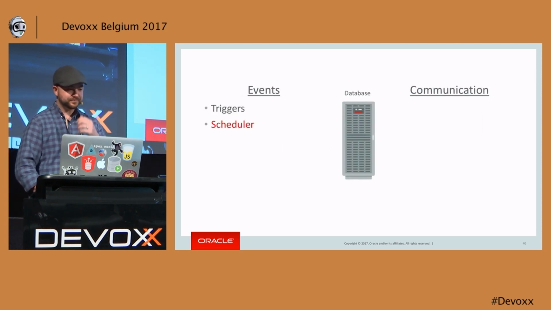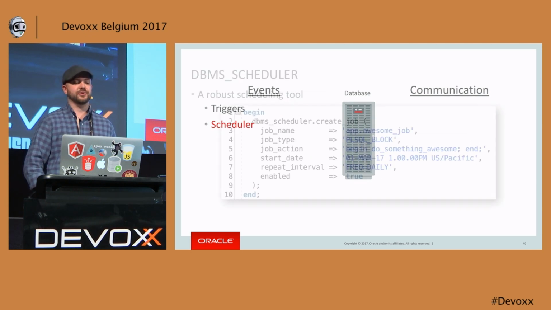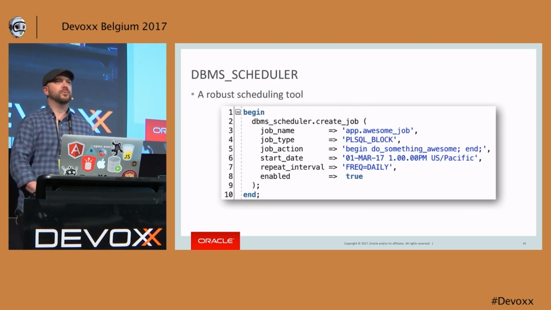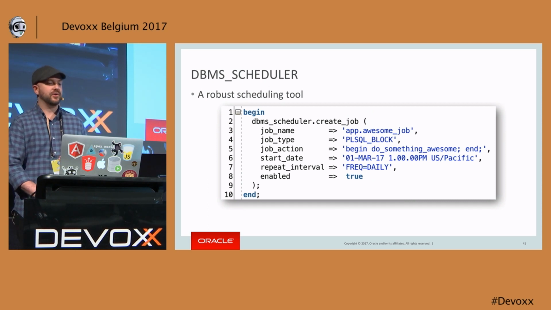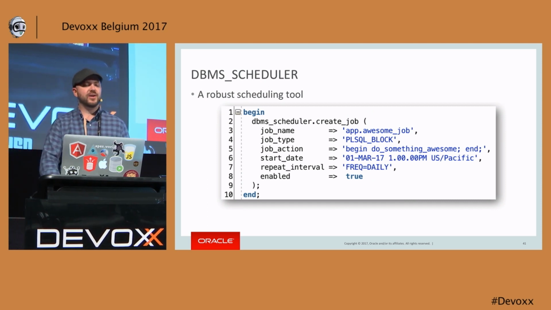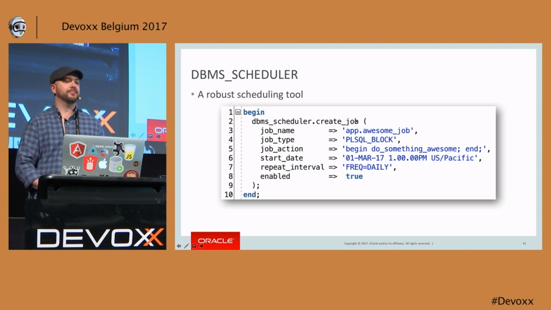So instead, we move on and maybe look at Scheduler. Oracle has a really robust scheduling API. It's called Scheduler. And you're seeing an example here of how I can create a job. This particular job is of type PL/SQL block. You can do all kinds of options there, but what we're doing here is an anonymous block, and I'm saying begin, do something awesome, and end.